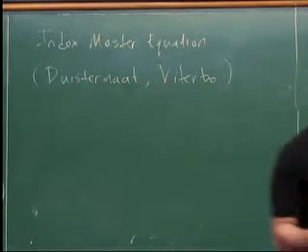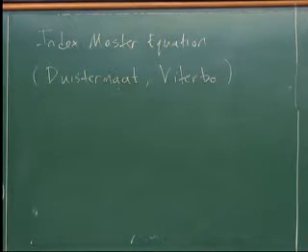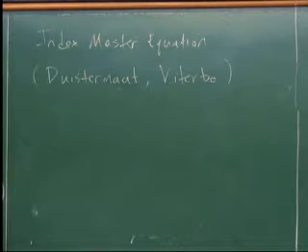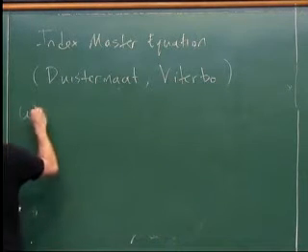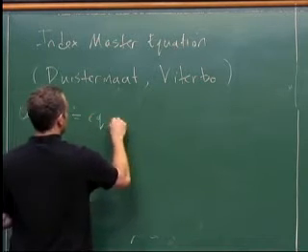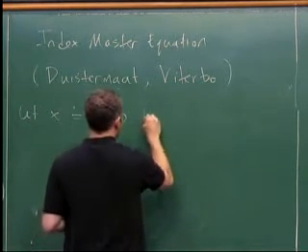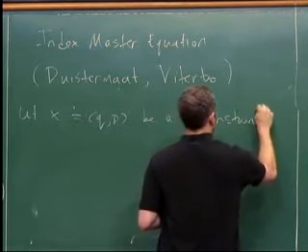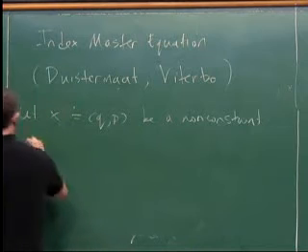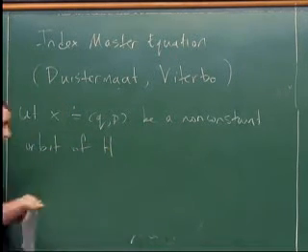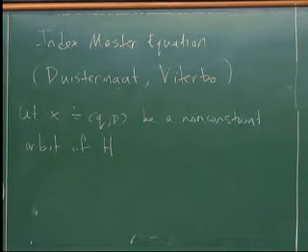It's a little messy, but we will simplify this equation a lot with our assumptions. So let x equal (q, p), these are functions of time, be a non-constant orbit of H.